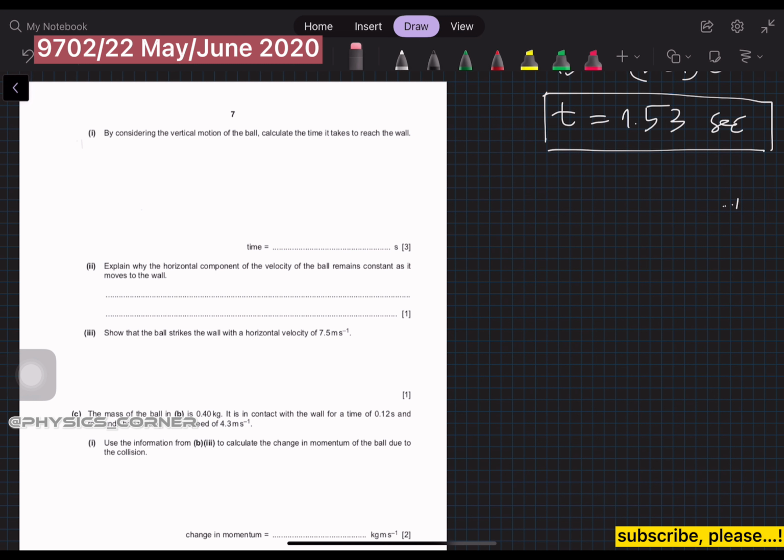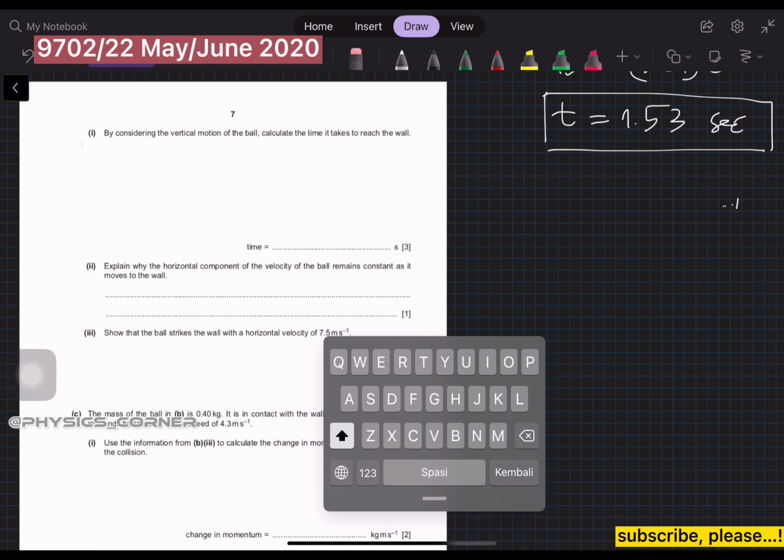Because there is no force acting on it. The total force in the horizontal direction is 0.